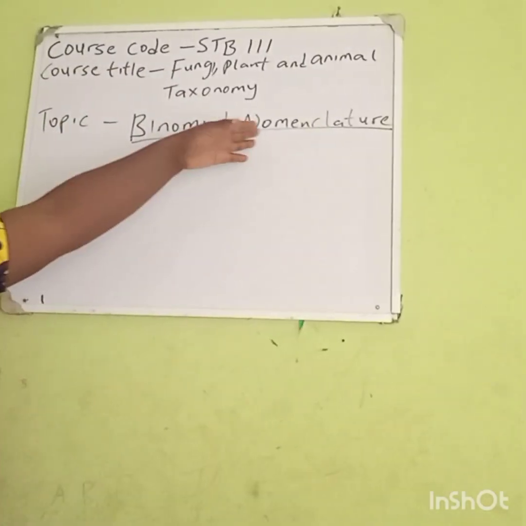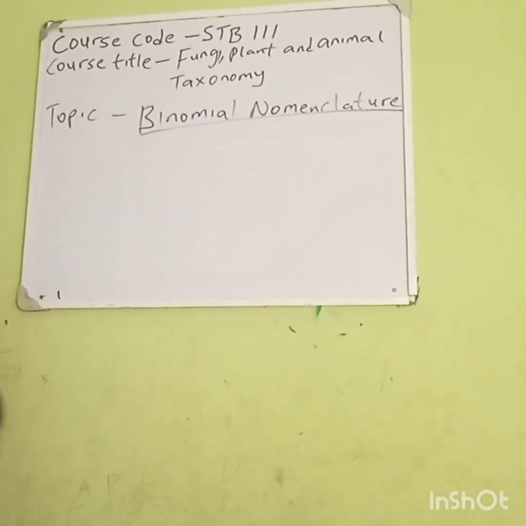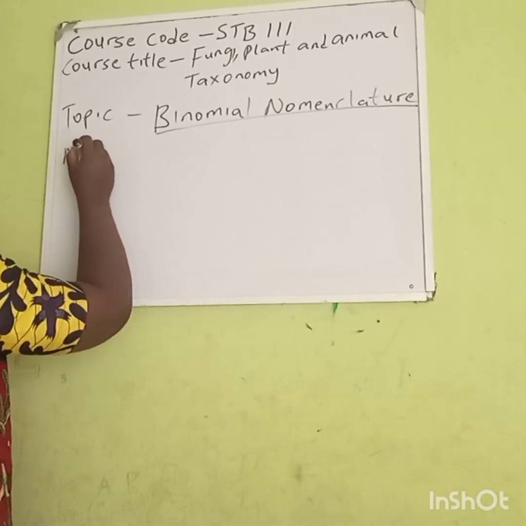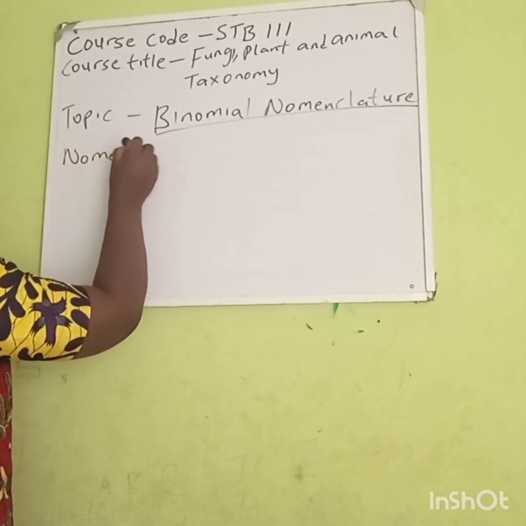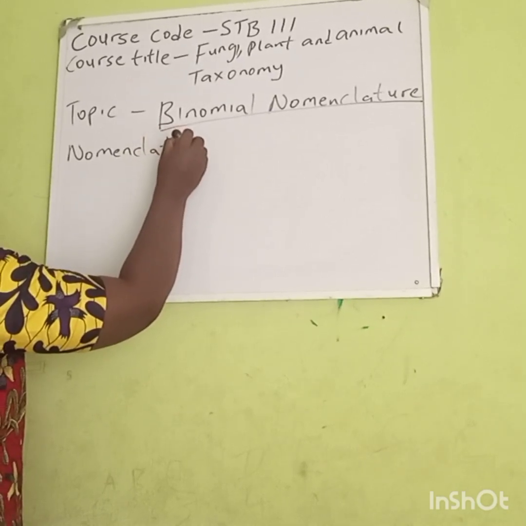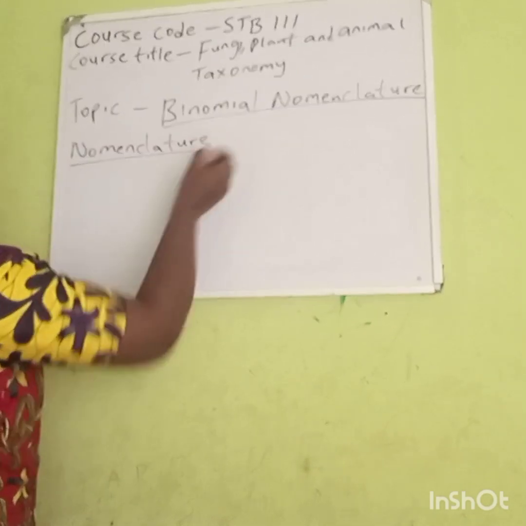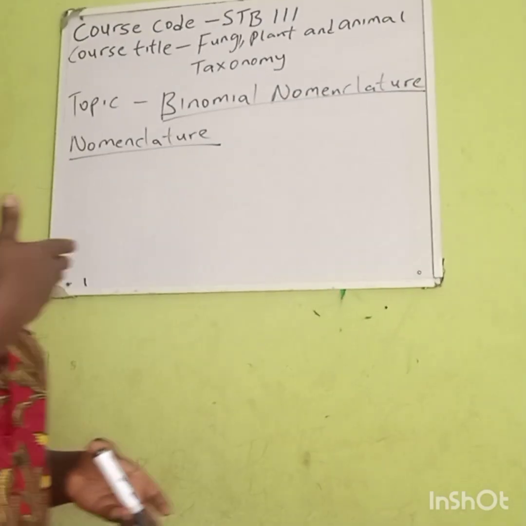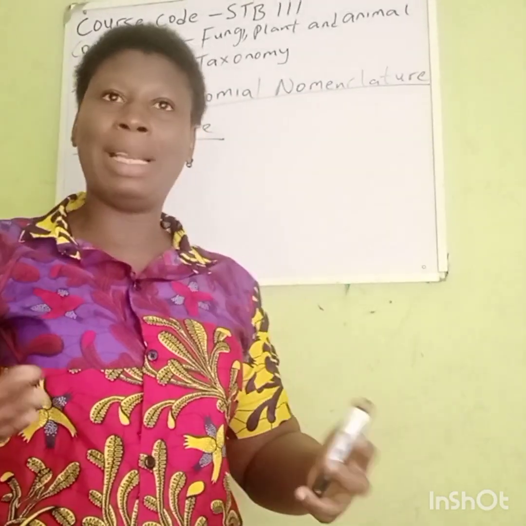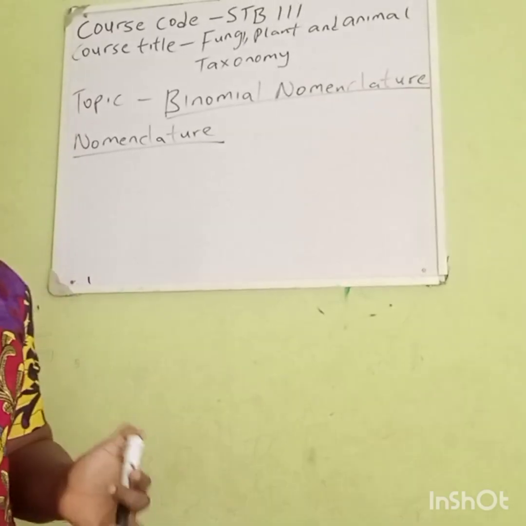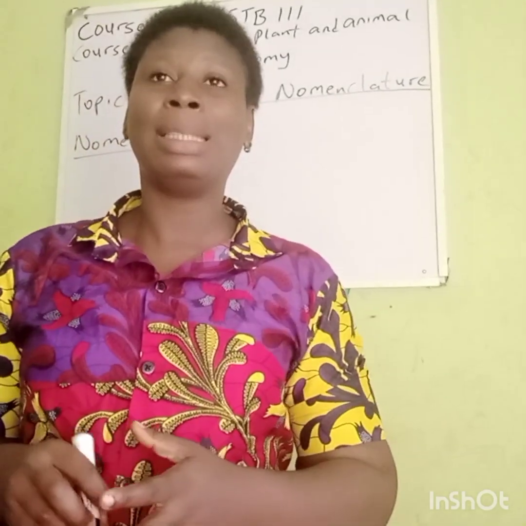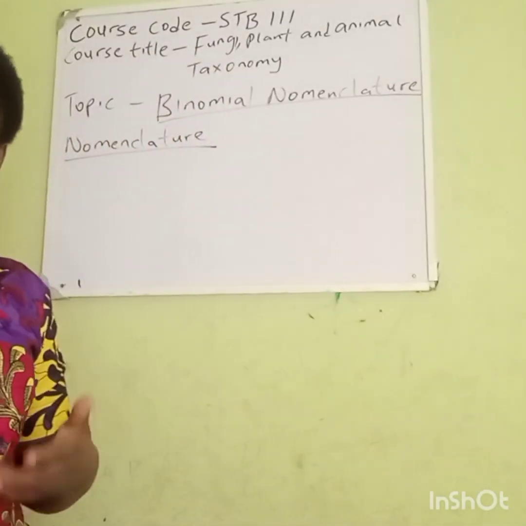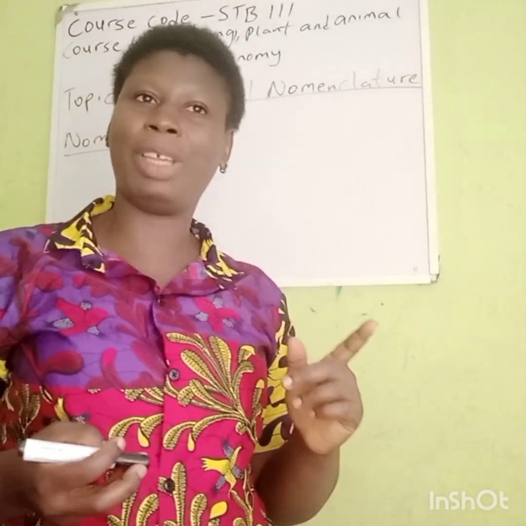So let us first of all know what is nomenclature. Nomenclature, from nomen, nomen is a name. Nomenclature is simply the systematic way of naming an organism with a scientific name.